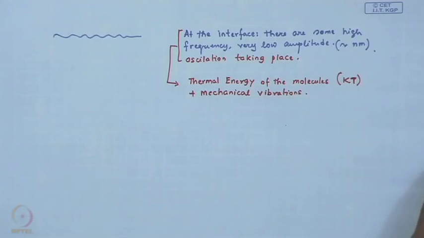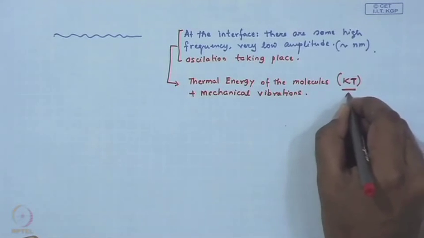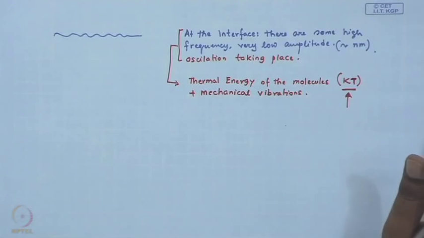Now, when you are talking about any practical setting, these oscillations will always be present, because in most cases you are doing your experiment at room temperature or at some finite temperature.